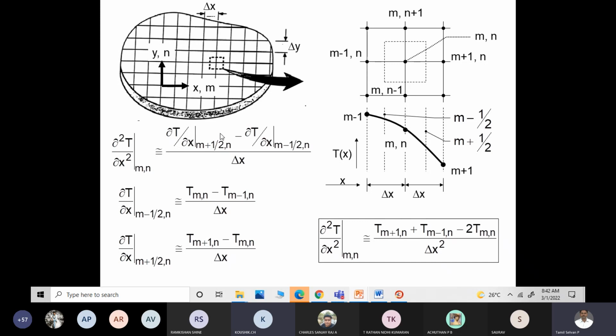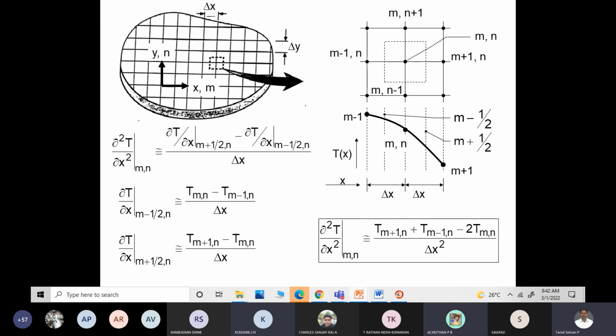When you substitute these two here, the whole thing is divided by del x, so that becomes del x squared. Some students ask me, sir, how come here you have del x, here you have del x, what about del x squared? The whole terms are divided by del x, so this becomes del x squared. Is it fine?